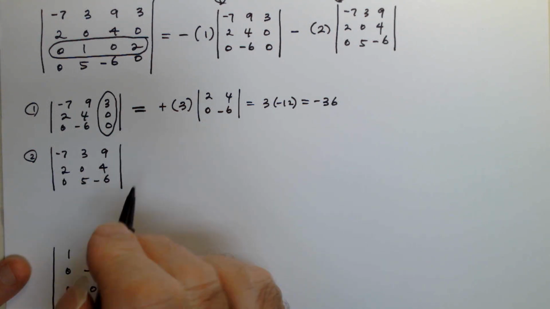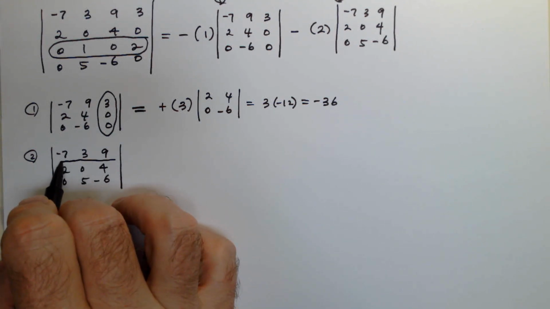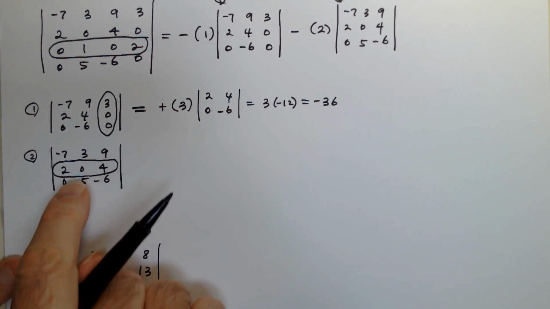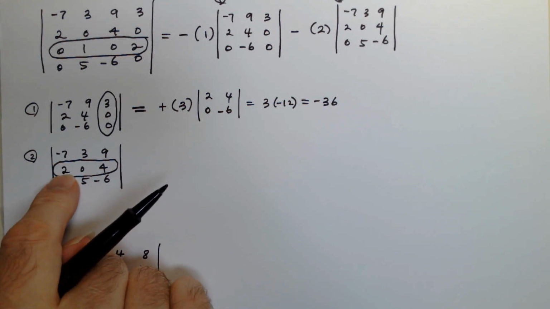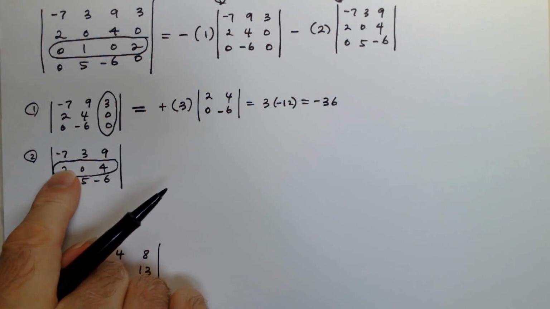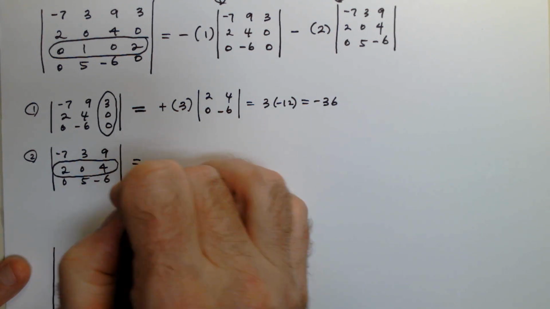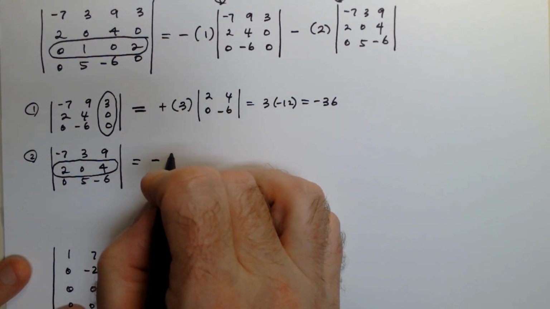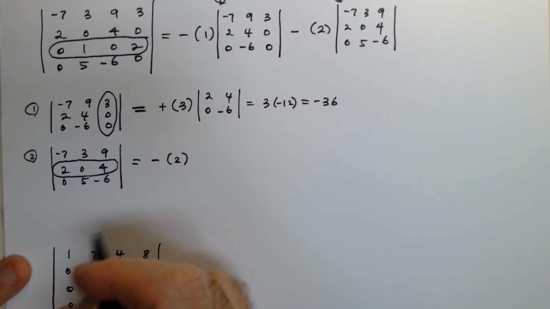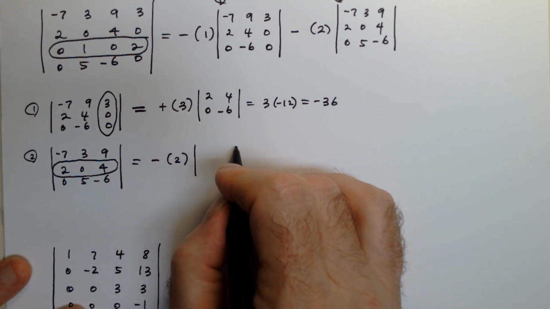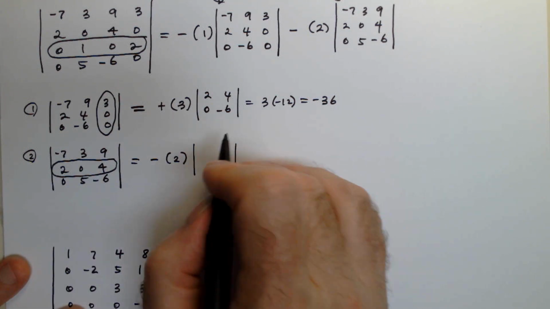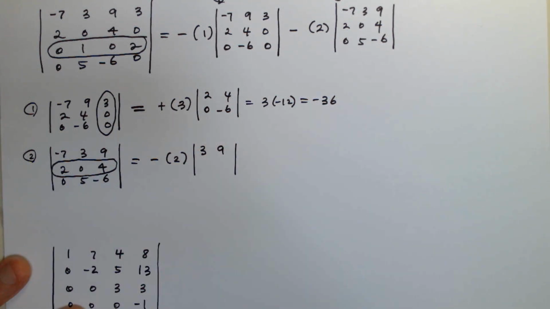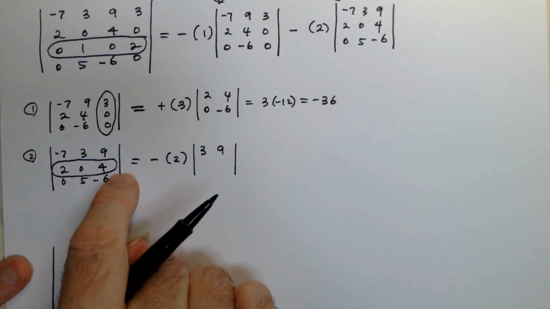I'm just going to expand along that second row, take advantage of the 0 that's in this position here. Now once again, I have to get the sign of this position. That's going to be a negative position, so I'm going to start off with a negative sign attached to the value of 2, and I have to work out the minor that's associated with that position. So I take out that row and column, so we'll have 3 and 9. And then I'll have 5 and -6.